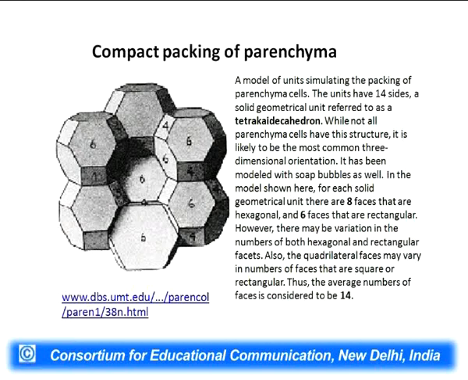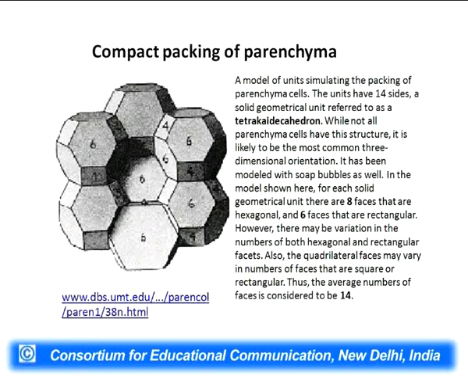This structure is called a tetrakaidecahedron. This tetrakaidecahedron structure can theoretically make compact parenchymatous cells, making up stems without leaving much air space.